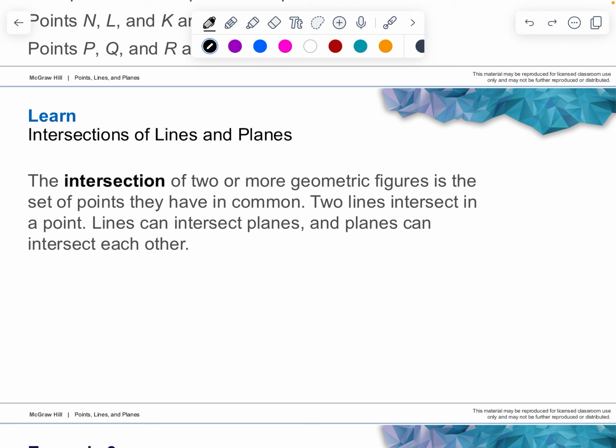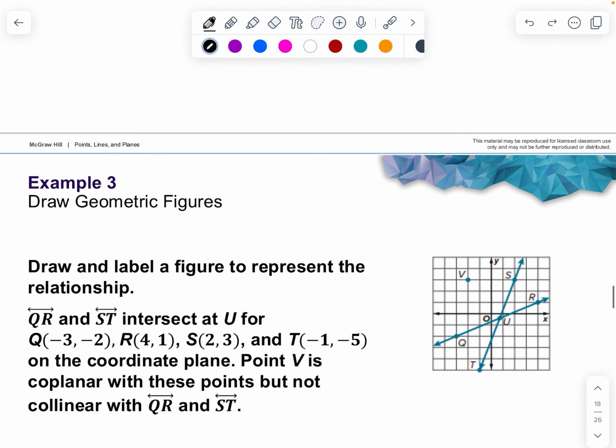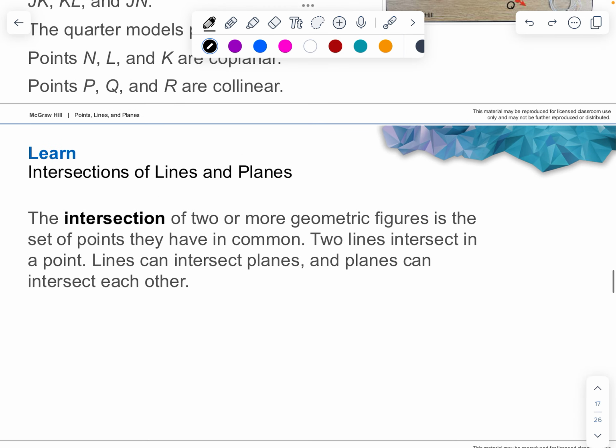Okay. Now let's talk about intersections. The intersection of 2 or more geometric figures is the set of points that they have in common. 2 lines intersect at a point, and lines can intersect planes, and planes can intersect each other. Okay, so this is not written down, but I would recommend you write this down somewhere. 2 lines intersect at a point. 2 planes intersect at a line.